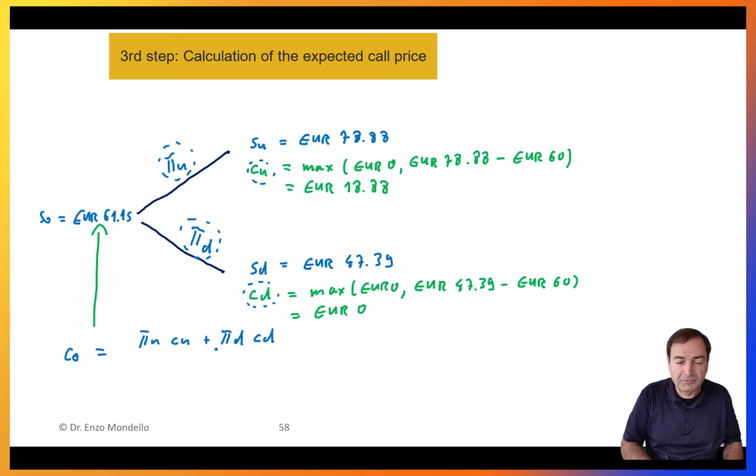And the sum of the probability-weighted call prices after an up and down move are discounted back using the continuous compounded risk-free rate.